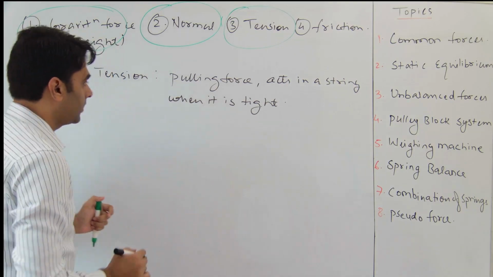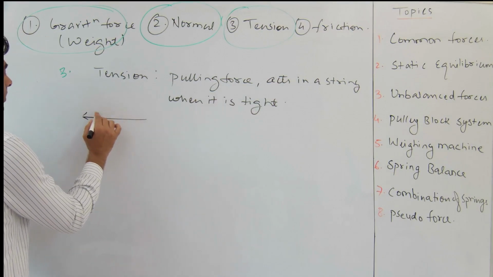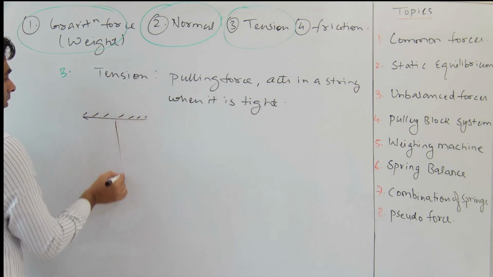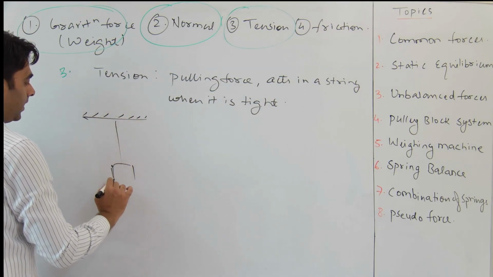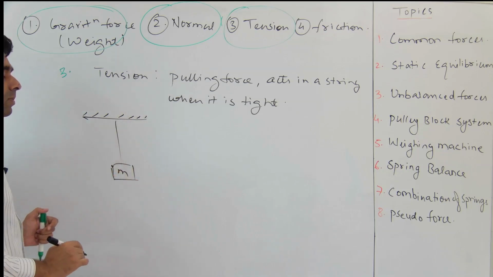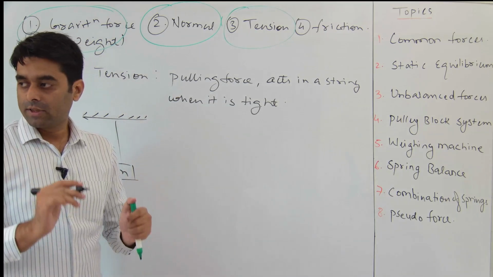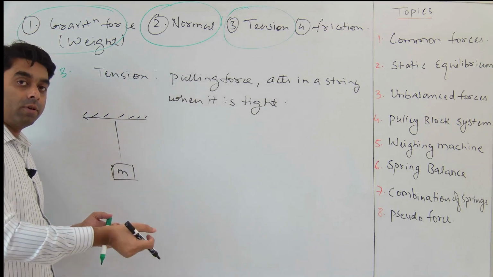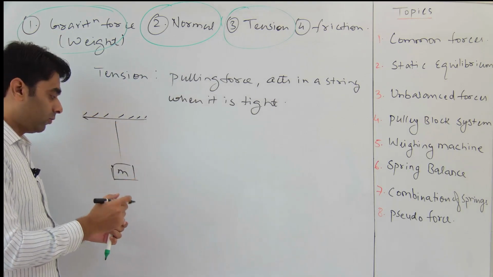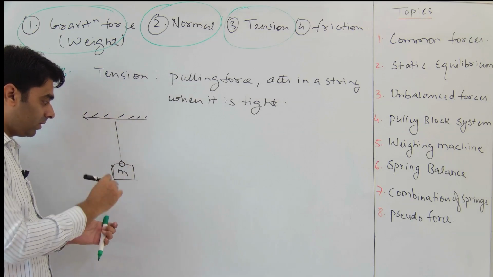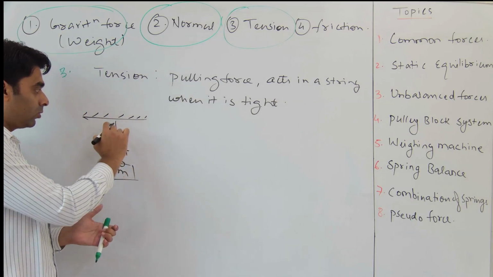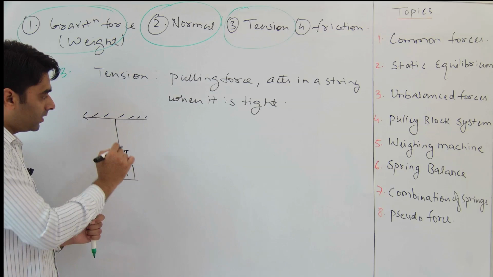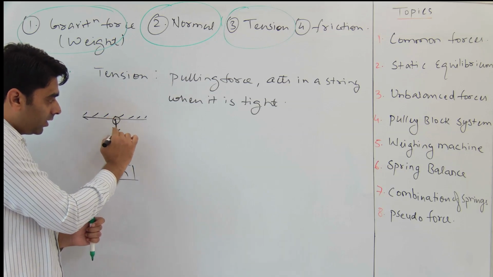Let us take a look at some examples. Let's say a block of mass m is hanging with the help of a string. Over here, tension is always away from the joint because it is a pulling force. So over here, this is our joint. Tension will be in the upward direction, T. Also, this string is connected with the ceiling, so tension over here will be in the downward direction.